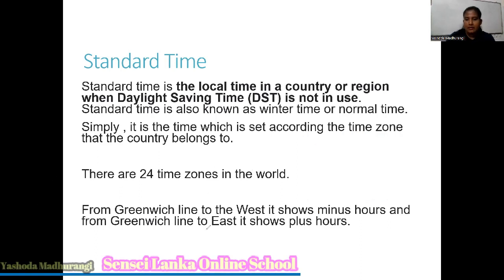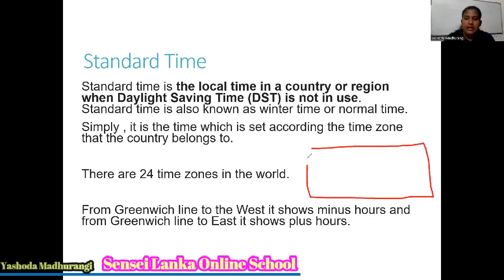For this lesson, you have to remember: from the Greenwich line to the west, it shows minus hours. When doing the calculations, think about the world map. Can you remember the 0 degree longitude? What is the name of it? 0 degree longitude means the Greenwich line. It divides the world into two parts, the Western Hemisphere and the Eastern Hemisphere.